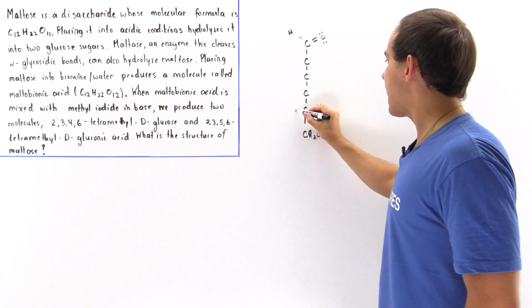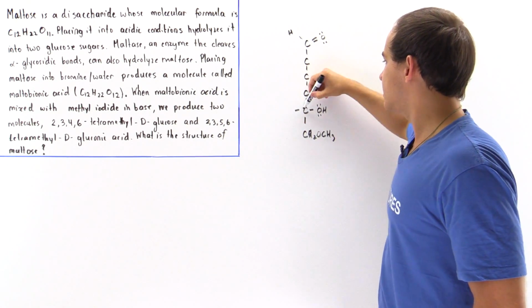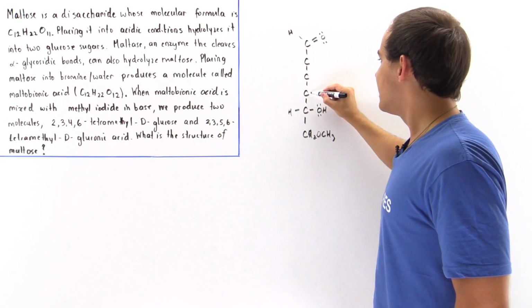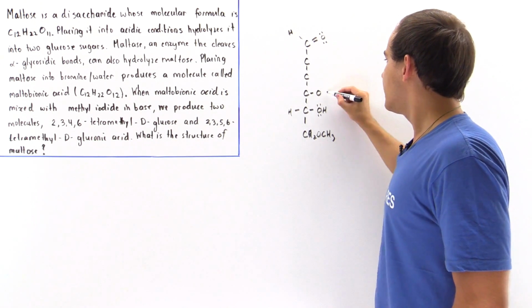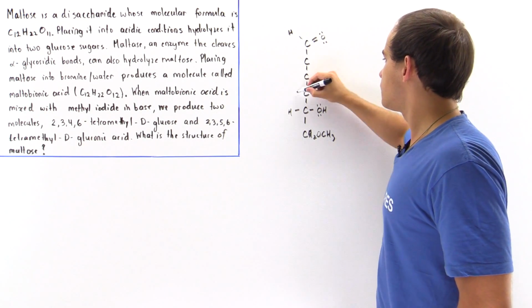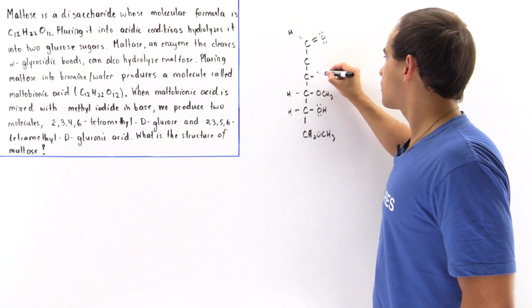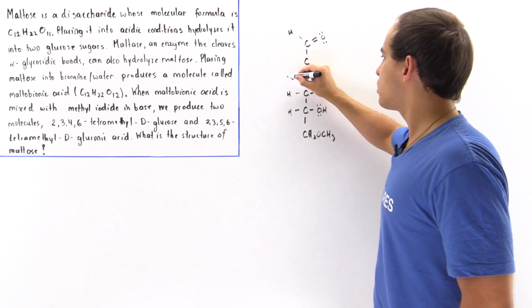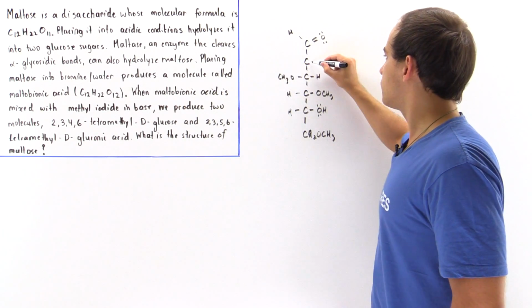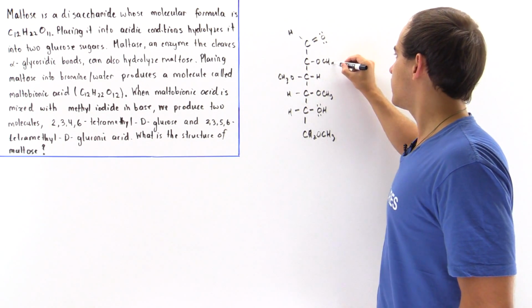Here, we have our hydroxyl group because this is carbon number 5. Now, carbon number 4 is also methylated. Carbon number 3 is also methylated, and carbon number 2 is also methylated.